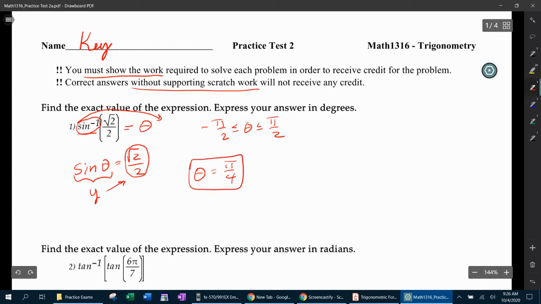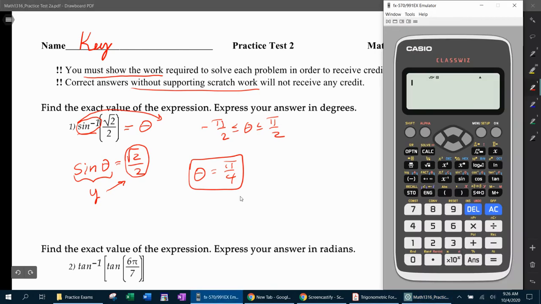Okay, so again, supporting work. And then if you want to, you can use your calculator to verify your work. So we can say inverse sine of square root of 2 over 2 is 45. Okay, so notice I put the answer in radians.